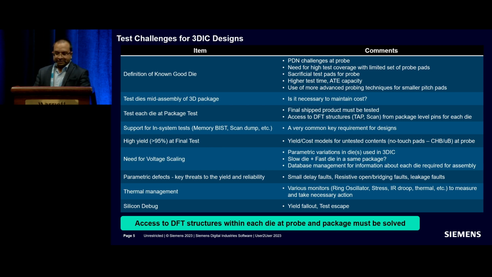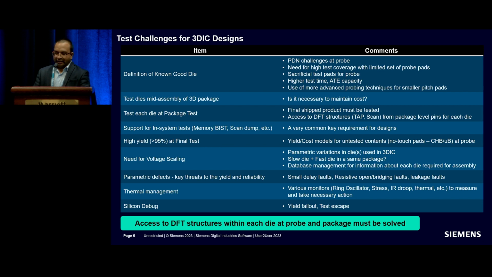Voltage scaling is another big area of unknowns. When you assemble the dies which are fast, slow, slow, fast, you can change voltages for each die. There are variations across the die. So it's a big area of unknowns, and we don't know what we will get to finally.